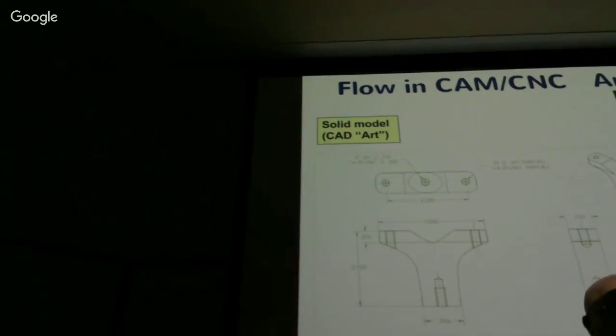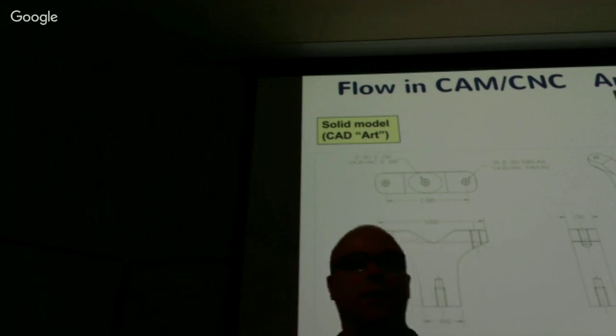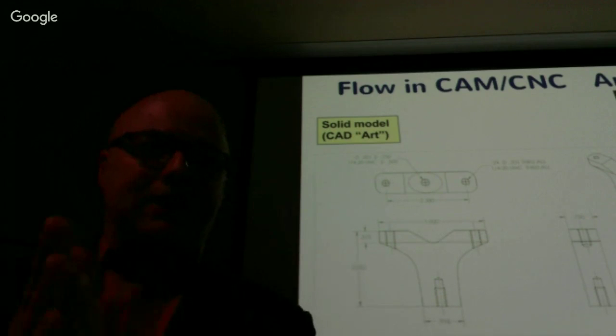Fillets on the inside of parts, cheap to make. Put fillets on the inside of shapes, not on the outside of shapes, if you want it to be cheap to make. In fact, sharp edges on the inside of shapes, expensive to make. So these are things that kids with CAD typically don't understand. We try to fix some of that with this class.